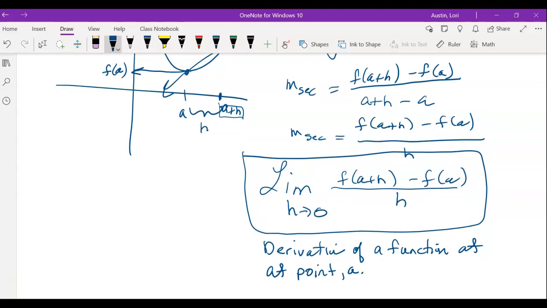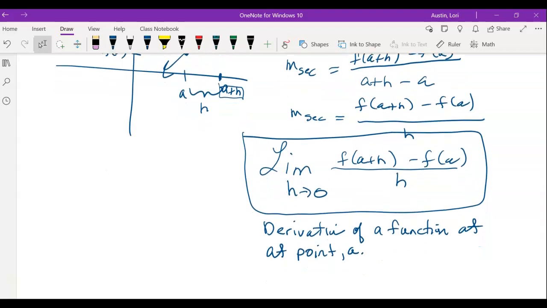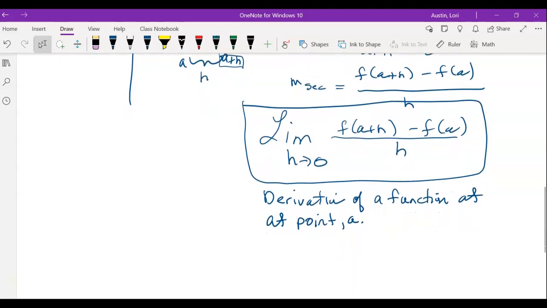The point is A. And there are a lot of different notations we're going to use for derivative. When we talk about the derivative at a point, we're going to call it f prime of A. So f prime is one of the notations we are going to use for derivatives.